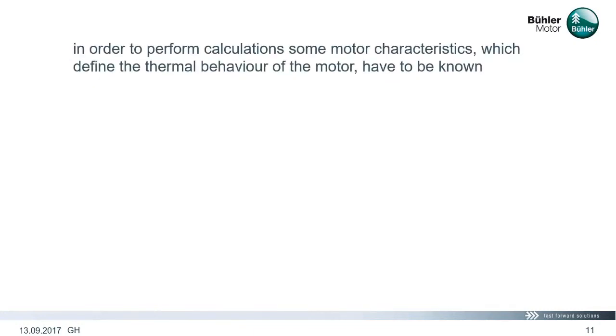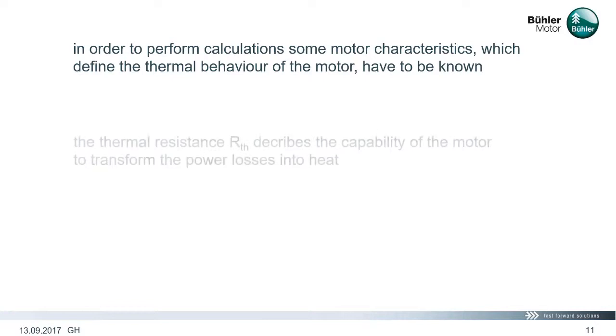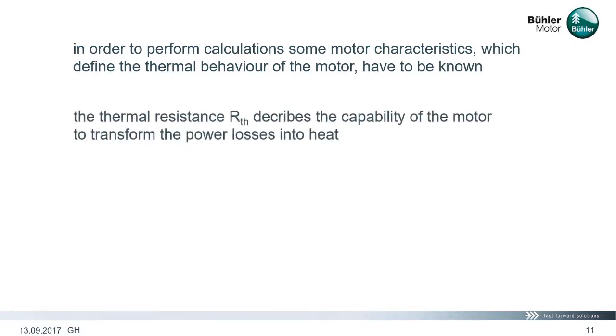If we now want to do calculations on the motor behavior at certain temperatures, some motor characteristics have to be known. At first, we need to know the thermal resistance RTH of the motor. RTH describes basically the capability of the motor to transform the power losses into heat.